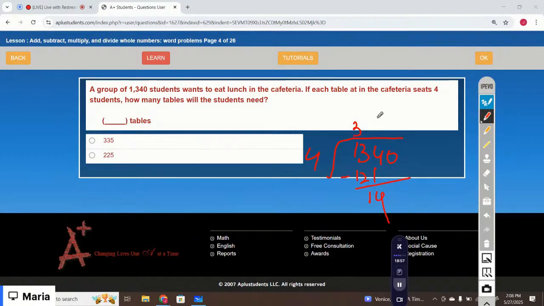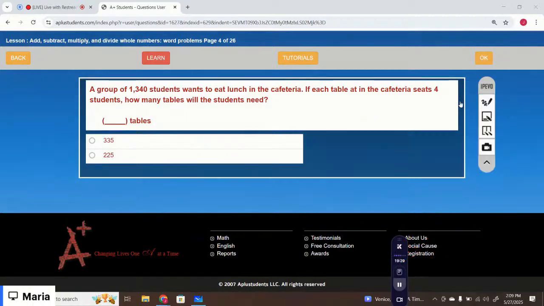Bring 4 down. 4 times 3 is 12. And bring 0 down. 4 times 5 is 20. So that means the students need 335 tables. The correct option is B, 335.